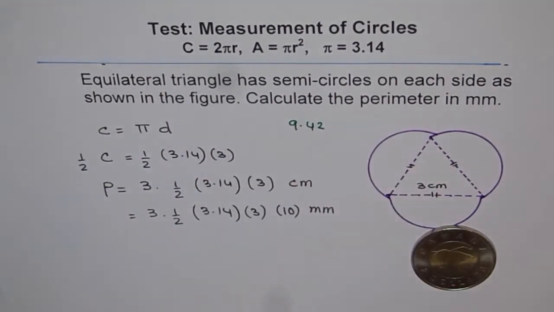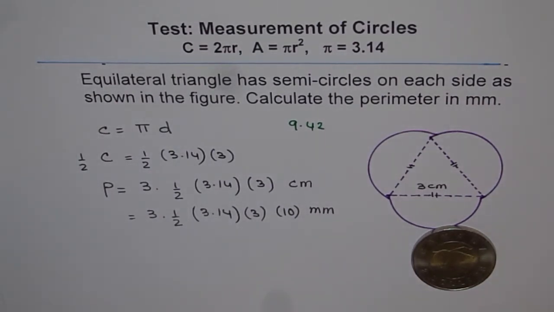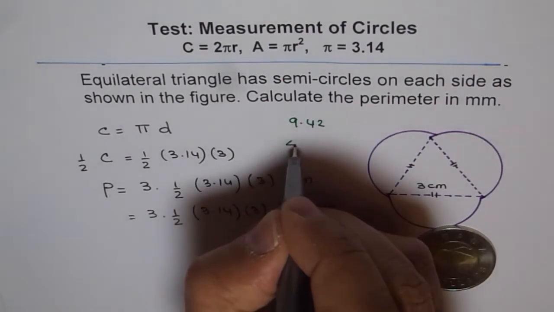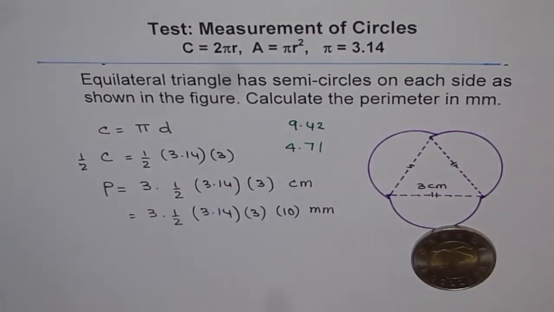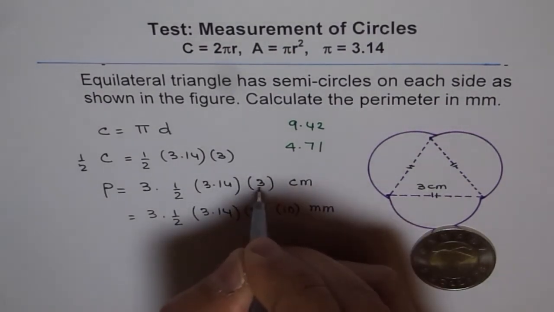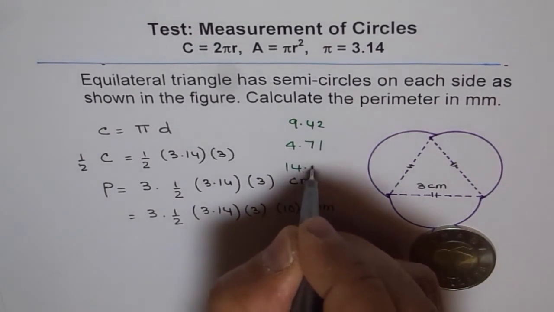Now let's do half of this. That means divide by 2. If you divide this by 2, you get 4.71. 4.71 is half of this. Correct? Now we'll multiply by 3. So we'll do times 3 equals 14.13. So when you do times 3, you get 14.13.